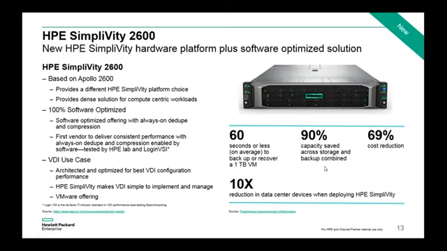This is all about consuming storage capacity. So if you have 100 desktops, 1000 desktops, 2000 desktops, all require storage capacity. But if you are saving 90% capacity, it means you are saving a lot in terms of storage for the VDI solution if using SimpliVity. And anyway, it's a 10 times reduction in data center devices when deploying the solution on HP SimpliVity.